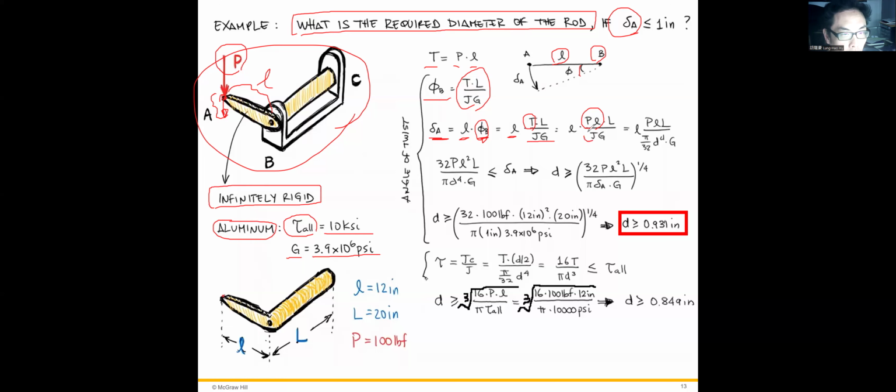And it is a solid rod, so we know the polar moment of area.